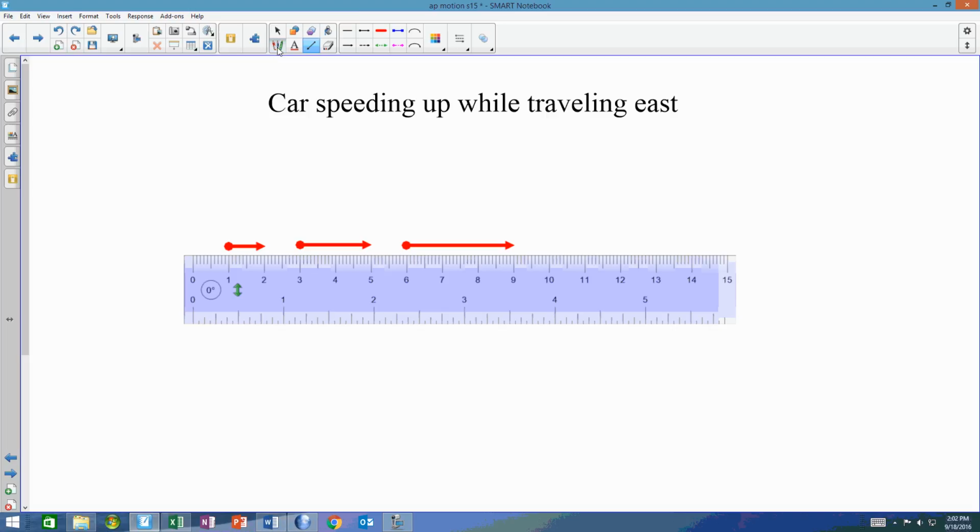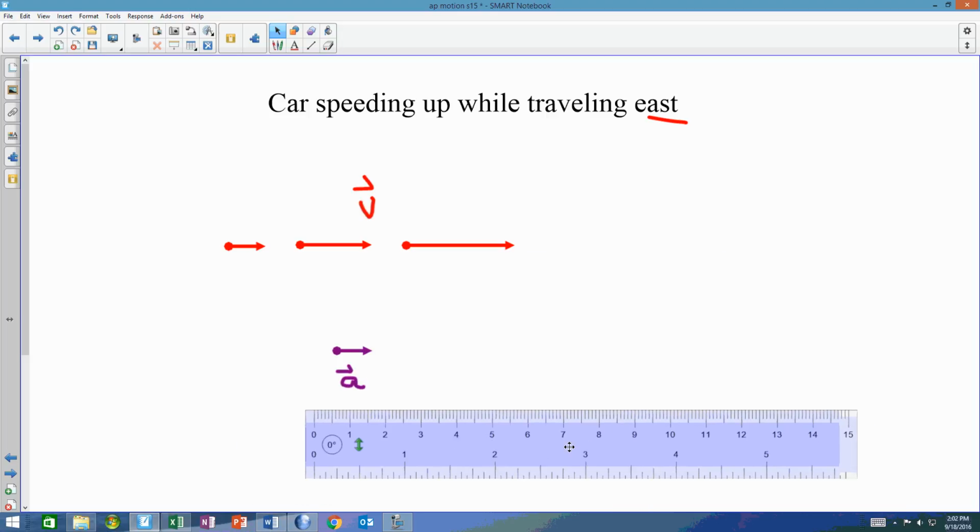Okay, so there's my velocity speeding up while going east. Okay, so what is the direction of my acceleration? Well, I'm speeding up, so my final minus my initial is going to be a positive value. And that means that my acceleration is going in the same direction. Okay, so there you go. That's your motion diagram for a car speeding up while traveling east.